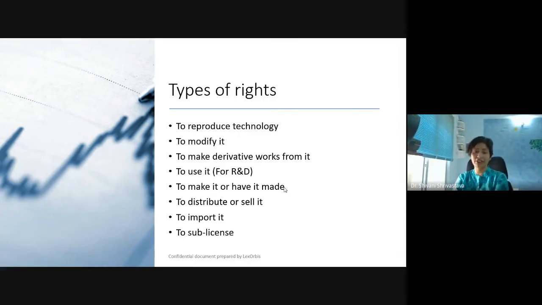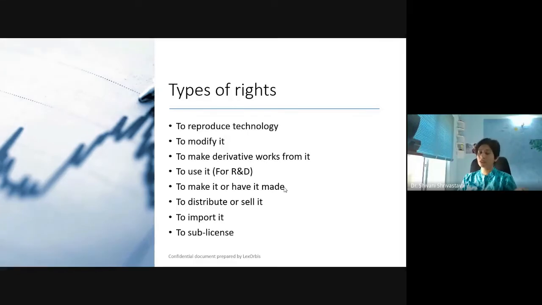The rights can be given to reproduce the technology, to modify it, to make derivative work from it, to use it for research and development, to manufacture it themselves, or they can assign it to someone else to manufacture, or to distribute or sell it, to import, or to sub-license.